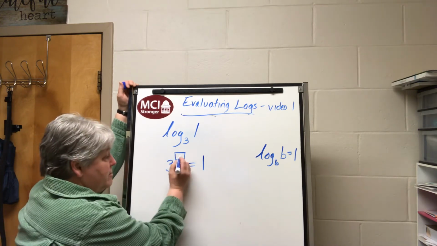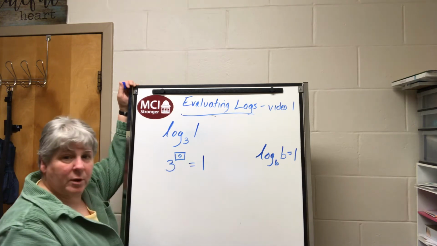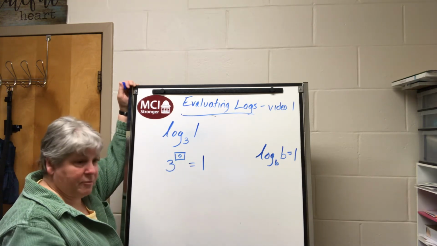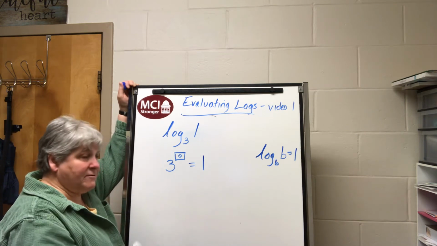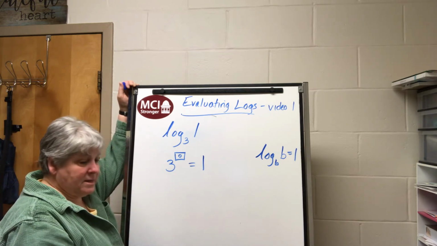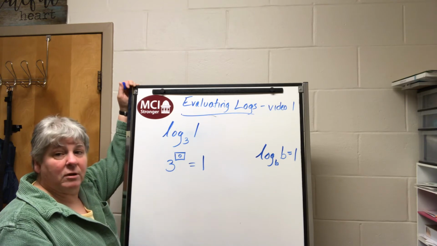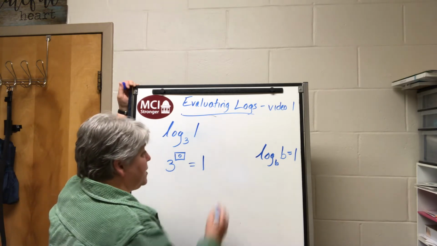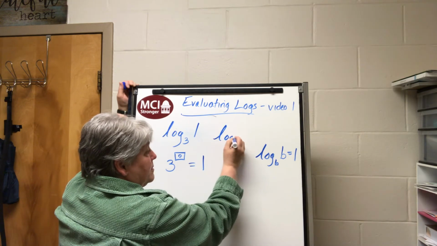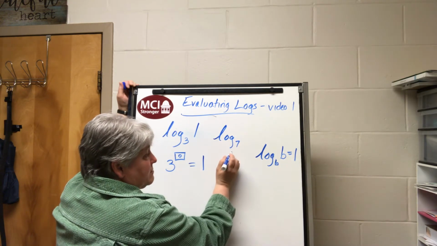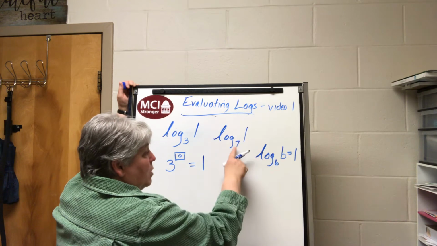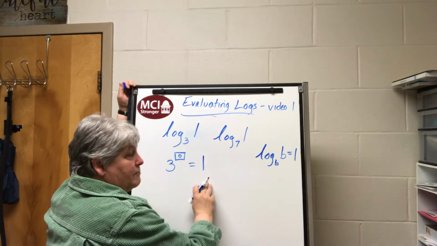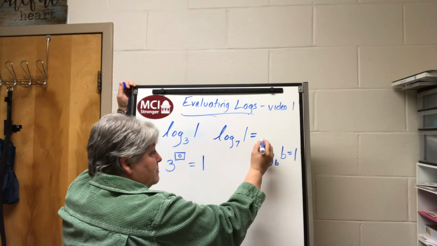Do you remember that whenever we have an exponent of 0, it always gives us 1. 3 to the 0 is 1. 5 to the 0 is 1. 17 to the 0. Any number at all other than 0 to the 0 power is 1. So if I said log to base 7 of 1, what power do I raise 7 to land on 1? 0.